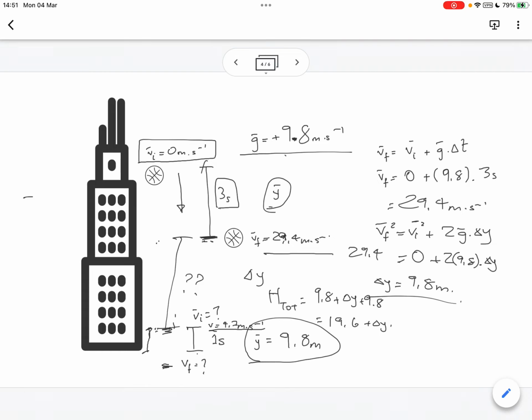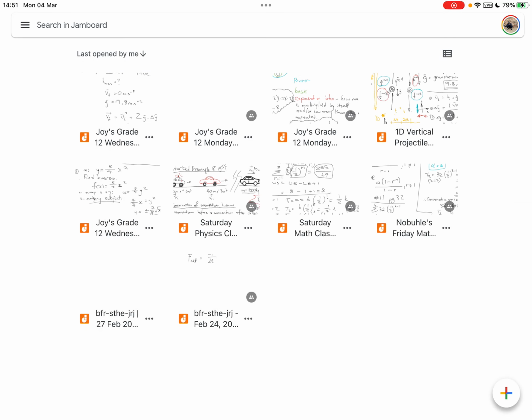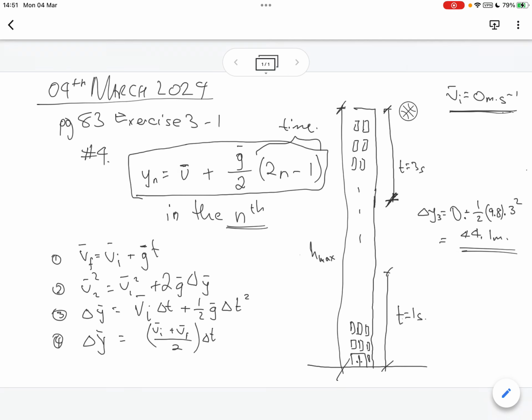Wait, I think the mistake is to calculate the velocity after a 3 second drop, because that gave us 29.4 something. As well as the formula that we used, it wasn't correct. We used V final equals V initial plus acceleration multiplied by time. Yes, that's the one we used.